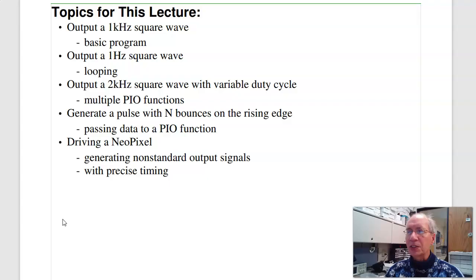One sets, one clears. I'm going to generate a pulse with n bounces, so I can basically pass data to the PIO function, tell it how many bounces I want. And finally, drive a NeoPixel. I'm going to generate a non-standard output with precise timing. So that's where we're heading.